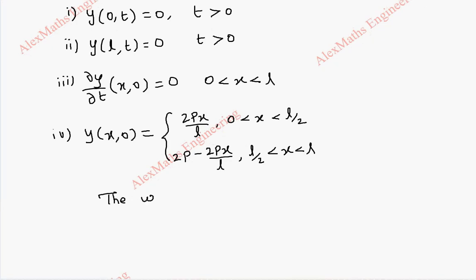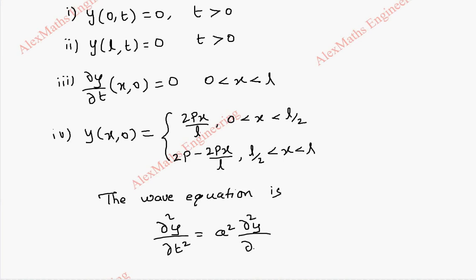The wave equation is ∂²y/∂t² equal to a² into ∂²y/∂x².